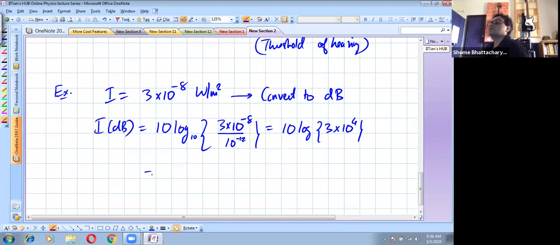So that becomes log 3 plus 4 times log 10. So log 3 we can take approximately as 0.48.